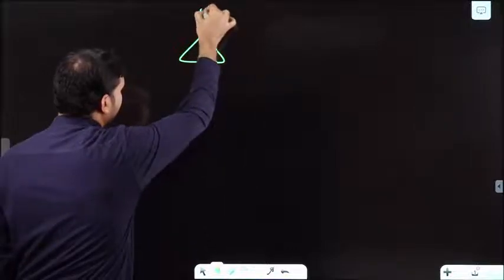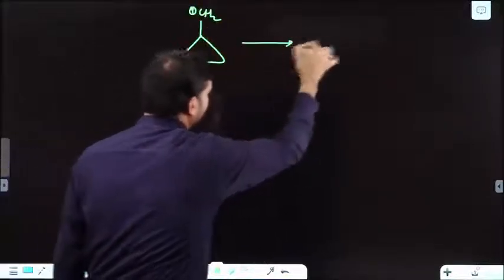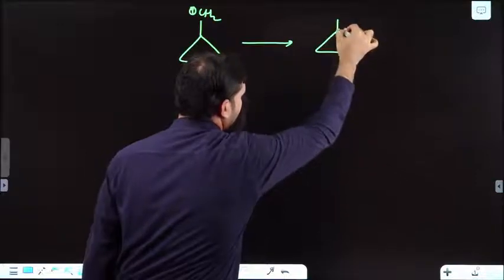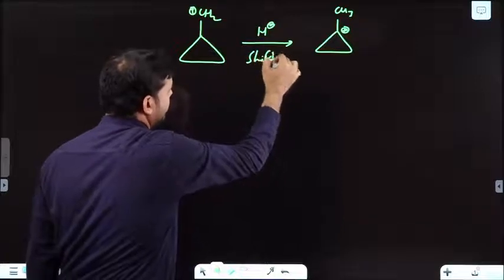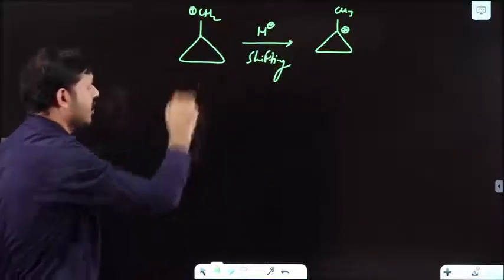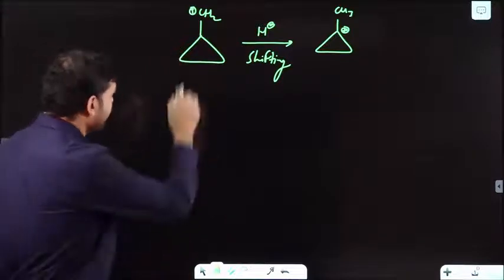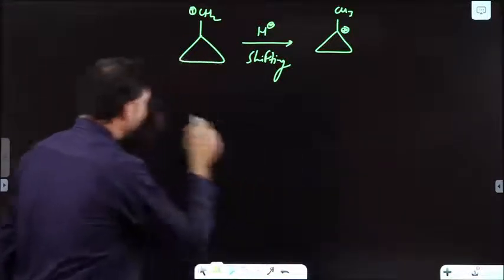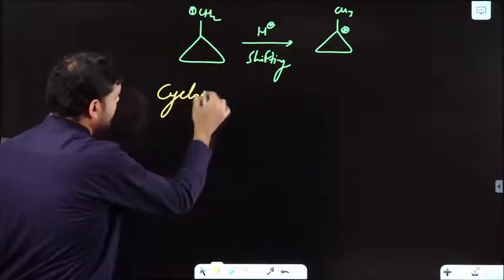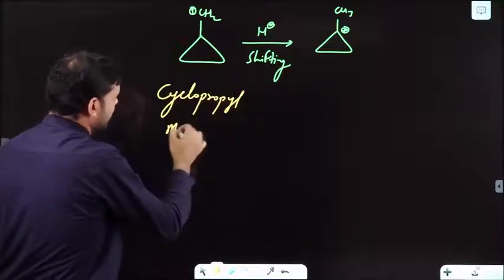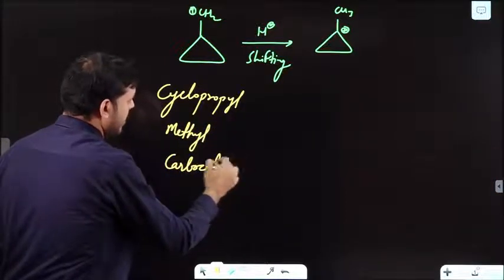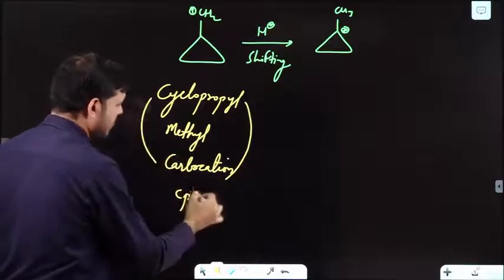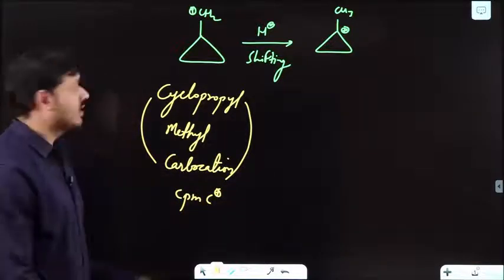Let me give you one more example. Here also I have made a 1,2 H minus shift. This is a very famous compound generally called CPM, cyclopropyl methyl carbocation.